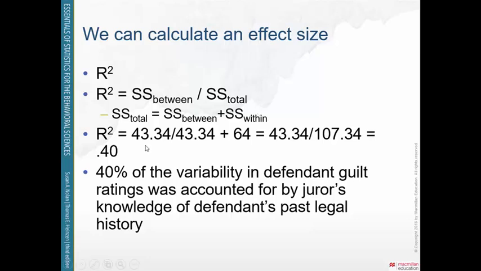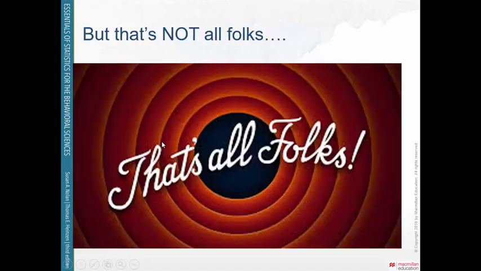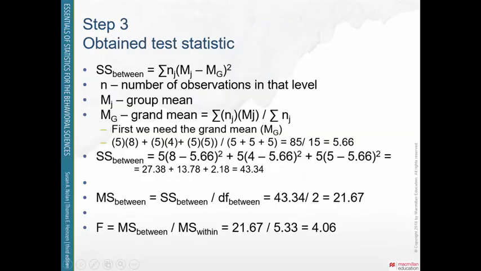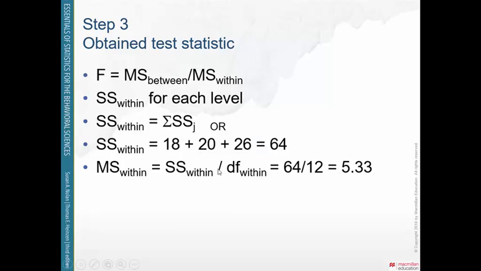So R squared, in this case, is sums of squares between, and let's just come on over to here for a second. Sums of squares between, which we calculated here, is 43.34, over sums of squares total, which is 43.34 plus sums of squares within, which was 64.